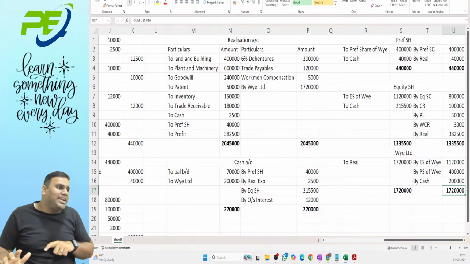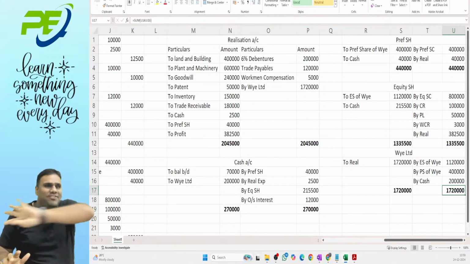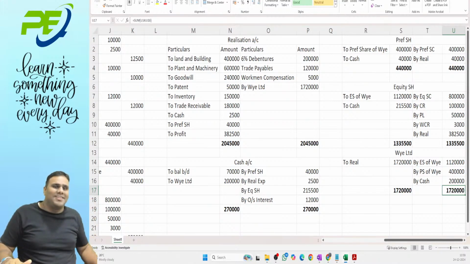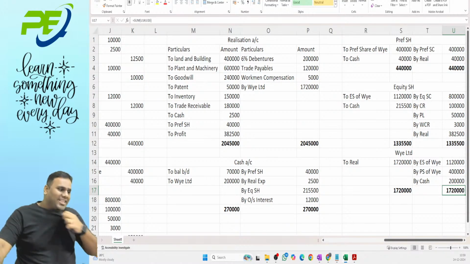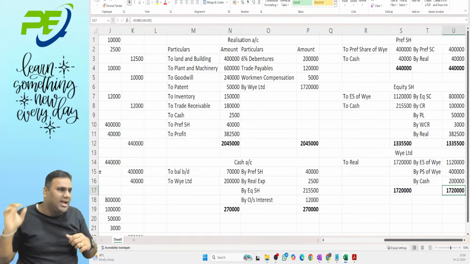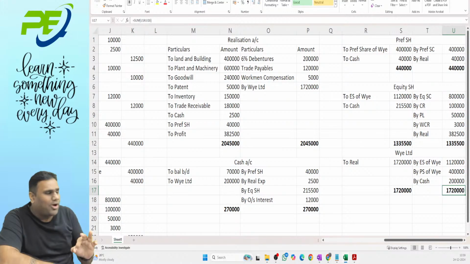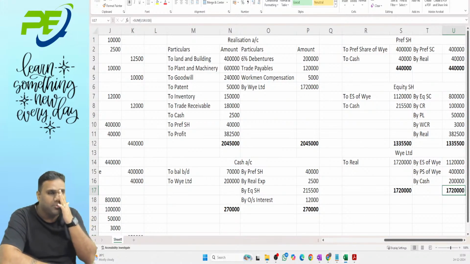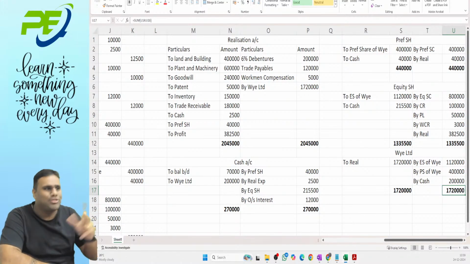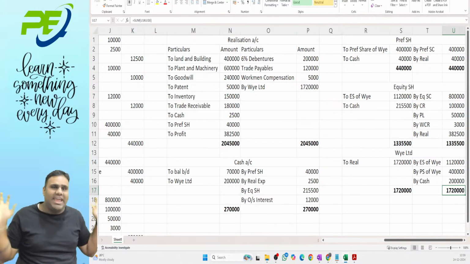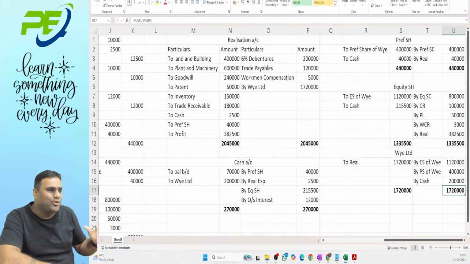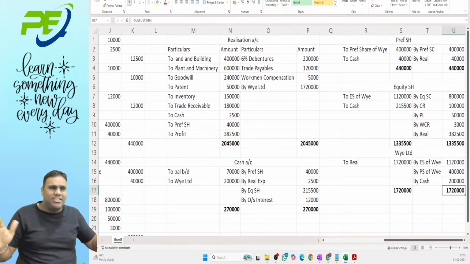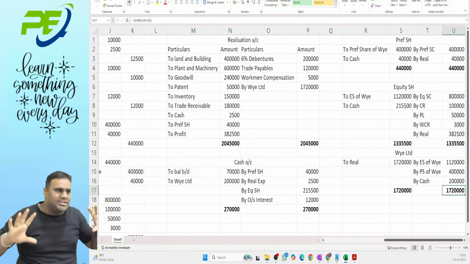In the mock paper, I gave internal reconstruction with amalgamation. These problems are really time consuming, but in examinations examiners play so well, and students get trapped. Generally you can divide the syllabus into accounting standards and other than accounting standards.